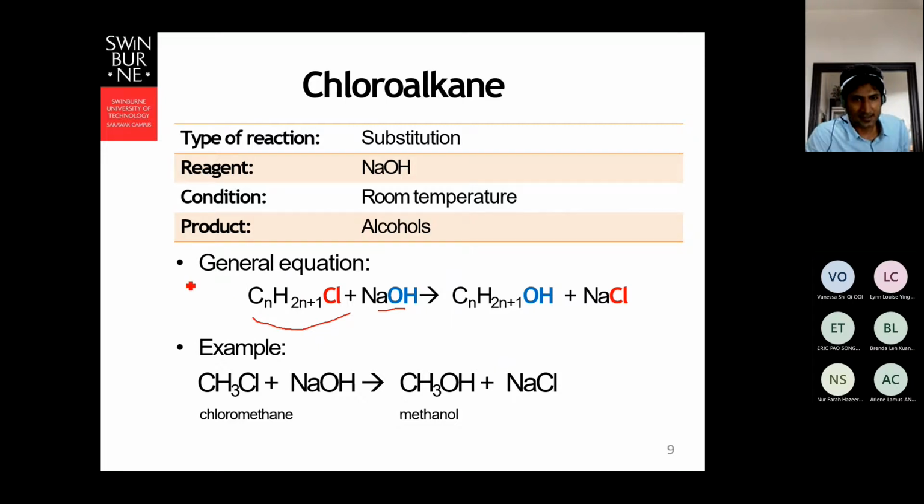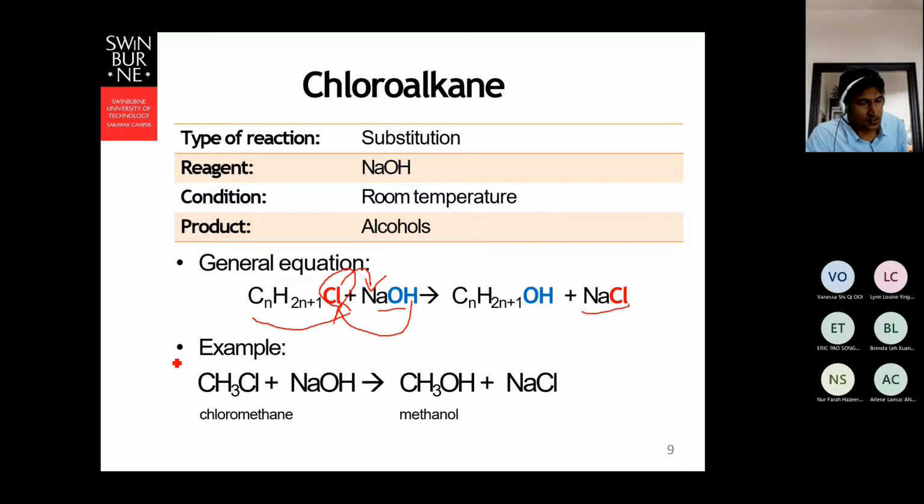But since it is a chloroalkane, it will react with sodium hydroxide because of this chlorine atom here. The chlorine will be replaced by this hydroxyl, and the chlorine comes off to produce a salt.